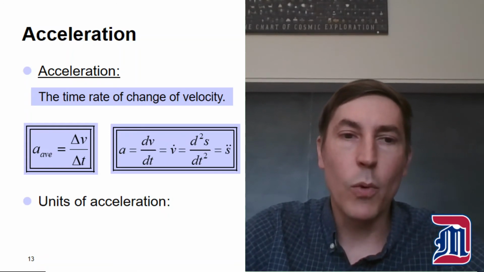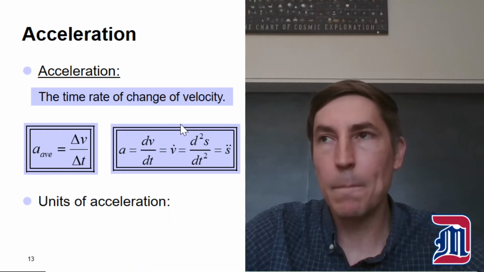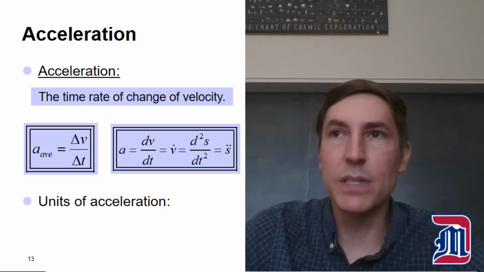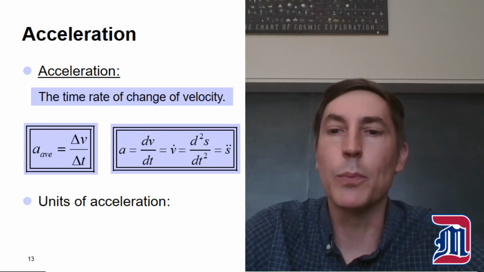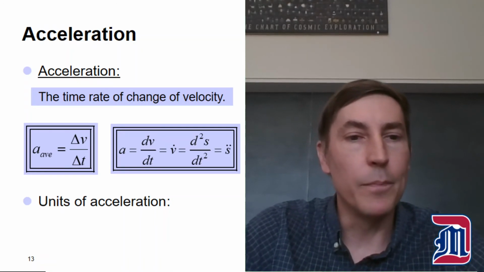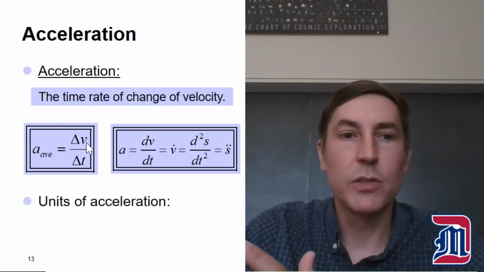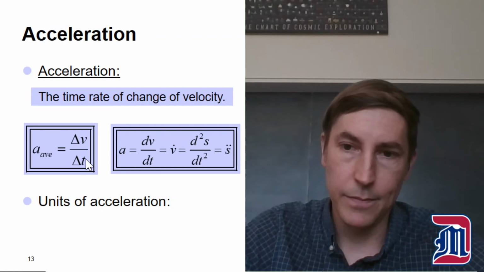And if we think about what are the units of acceleration, so velocity is position with respect to time. So you can imagine units of position over units of time. So velocity might be something like a meter per second. That would be velocity. Acceleration is velocity per time. So it might be something like a meter per second per second.